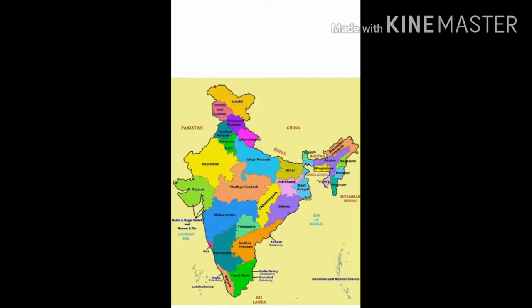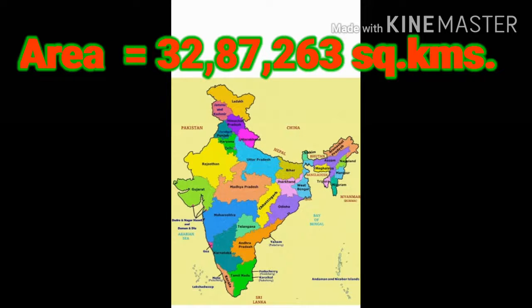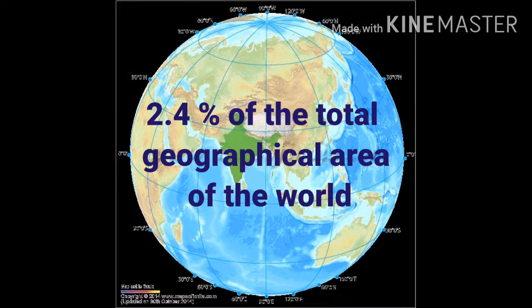If we talk about the size of India, the landmass of India has an area of 3.28 million square kilometers, which occupies 2.4% of the total geographical area of the world.